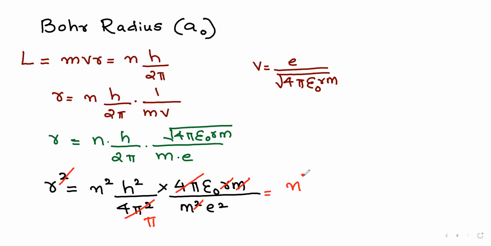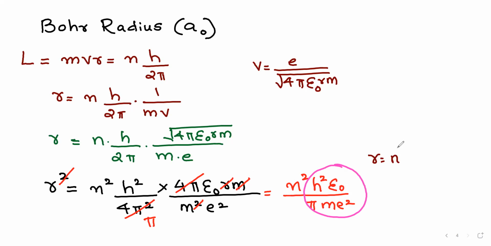So we have n square h square epsilon 0 divided by pi m e square. You can see that all these are constants. And when I substitute the values, I will get r as n square times this h square epsilon 0 over pi m e square, which gives me 5.29 into 10 power minus 11 meter.